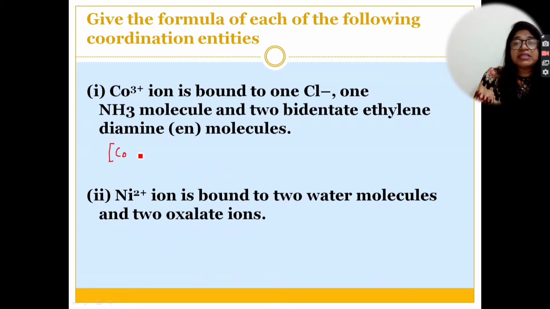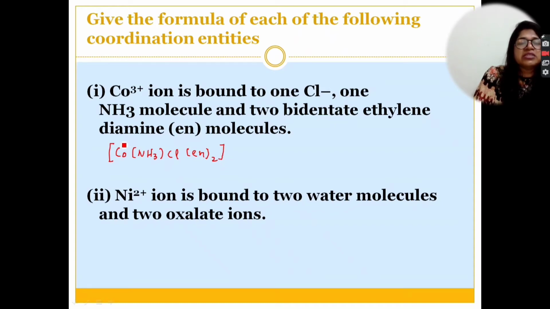NH3 comes alphabetically first, ammine. So it should be written close to the central metal ion. How many are there? Only 1. The next alphabetical is Cl, chlorido. So next write Cl. Next comes ethylenediamine. How many ethylenediamine? 2 are there. So en 2. Close the square bracket.